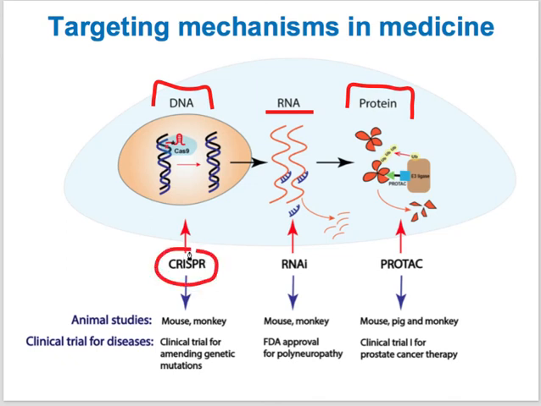With DNA, we can send in a targeted CRISPR enzyme and nick a bad part of a gene and change it, maybe, right? With RNA, we can send in synthetic silencing RNA interference. So these are complementary microRNAs. They go in and they cause it to get diced. PROTAC is our answer to the protein question.